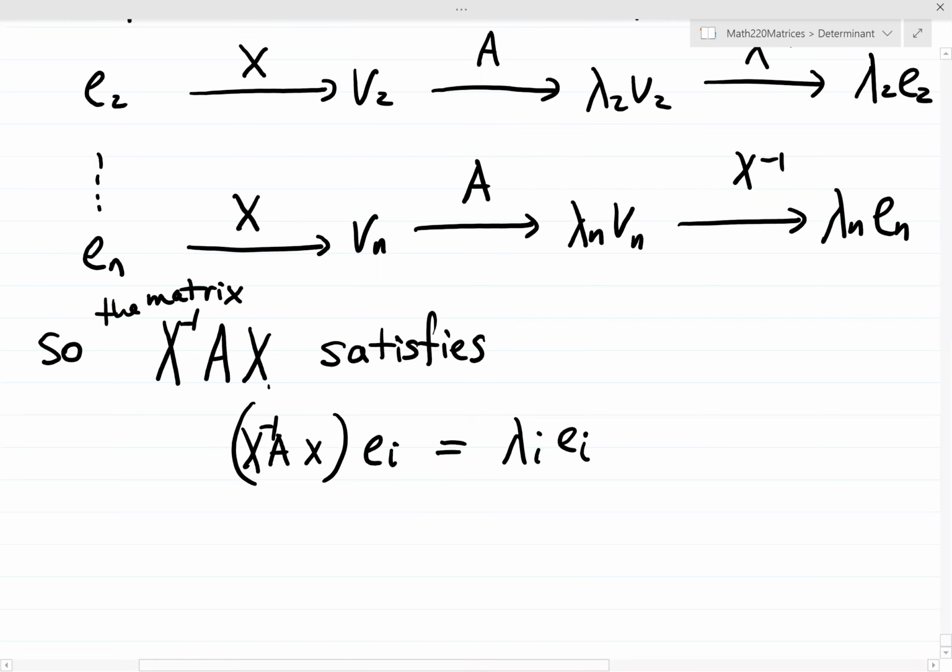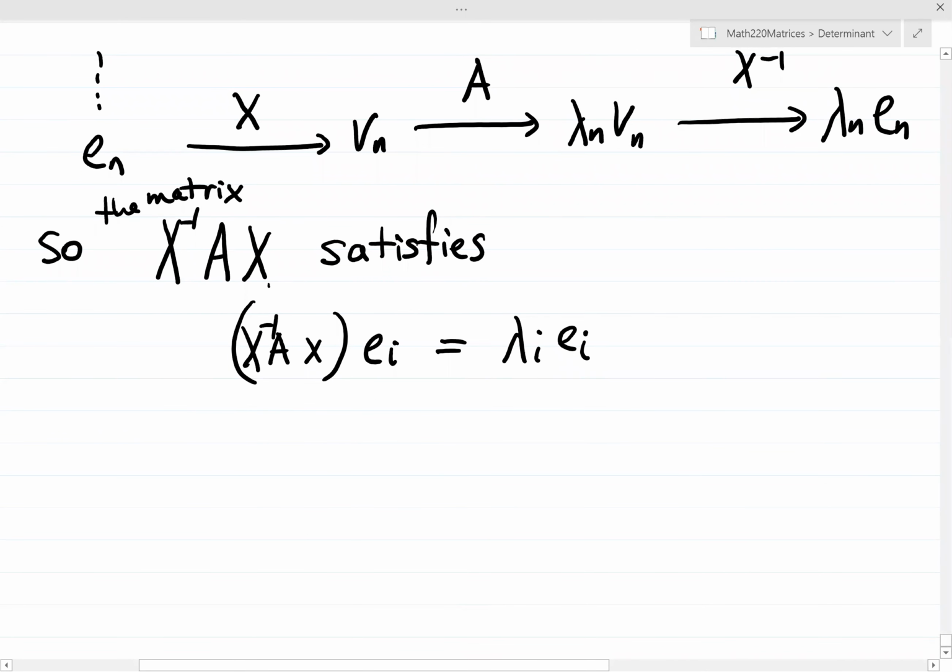Remember, a matrix is a rule that tells you what you get if you plug in a vector. Now these two rules are the same. The matrix X inverse AX and the diagonal matrix tell us the same rule: plug in something, output something.